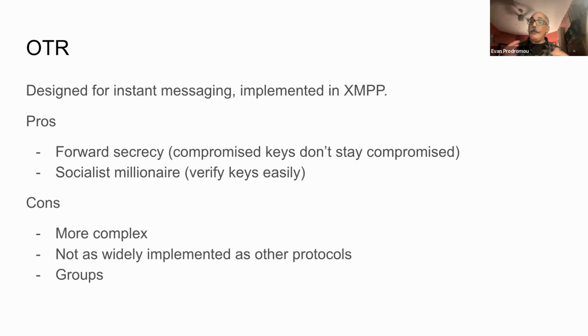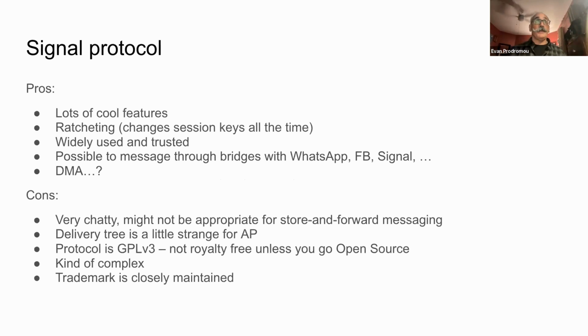It's pretty simple. It's a nice kind of in-between system, and it handles some of the interesting cases like verification of end-to-end encryption, being able to deal with lost keys. Somewhat more complex, but the big problem here is it's not widely implemented. And it's not great for doing group messaging.